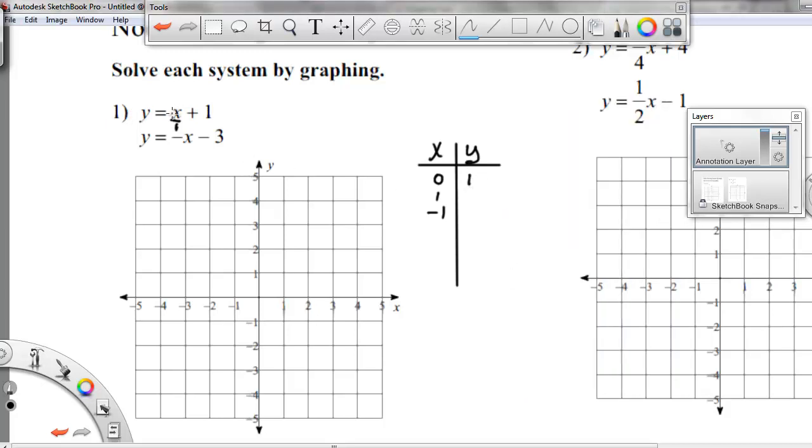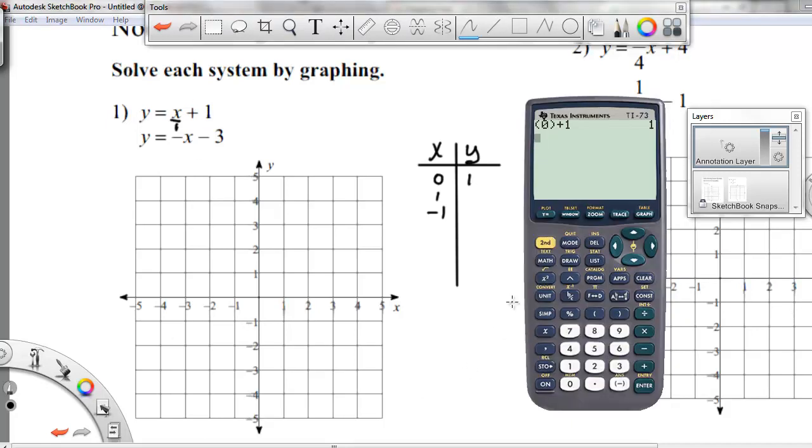In other words, when x is 0, y is 1. I will change that 0 to a 1. You can go ahead and follow along with your calculator as well. When x is 1, y is 2.